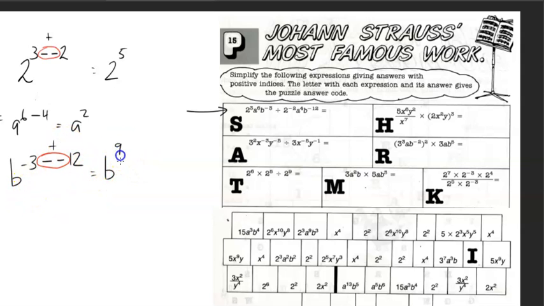So we end up with b to the power of 9. So just be careful of this, especially when you're starting with a negative number. This is implying that we're at negative 3, we're going in the positive direction, 12 units, we will end up at 9. So our final solution is 2 to the power 5 a squared b to the power of 9.